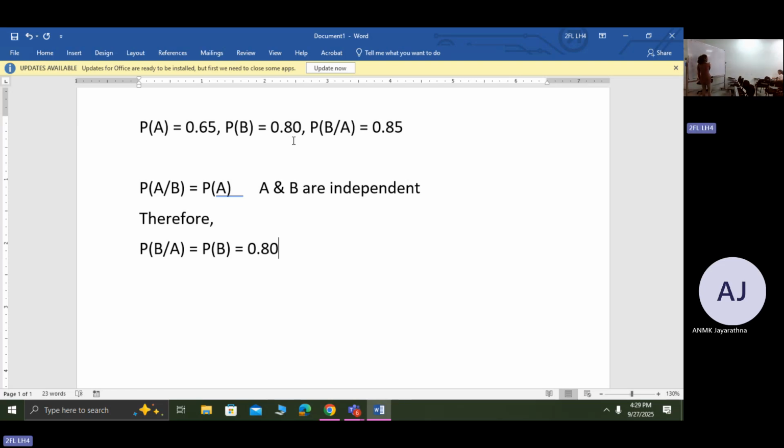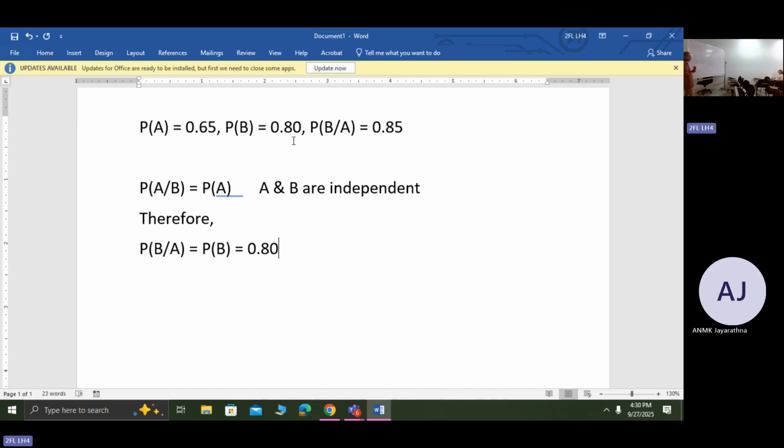Add all together, it is 1. There is no intersection. Common element is not there. It means one particular product is produced by one machine, not by two machines. That is the meaning of mutually exclusive.